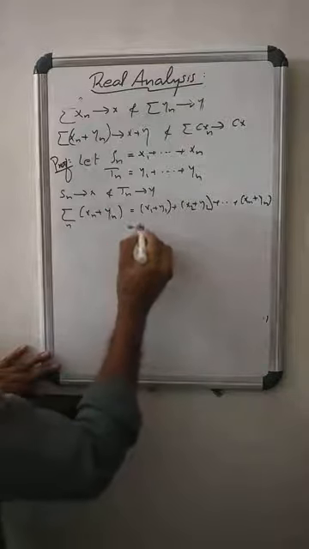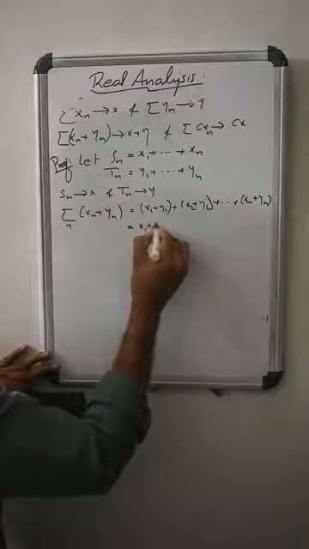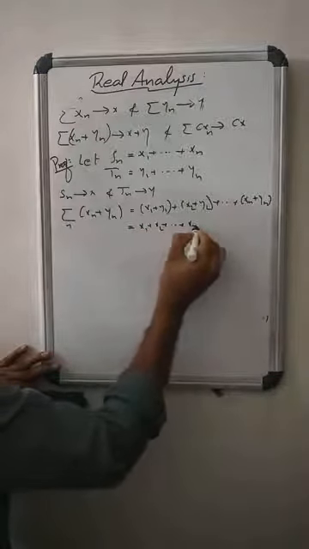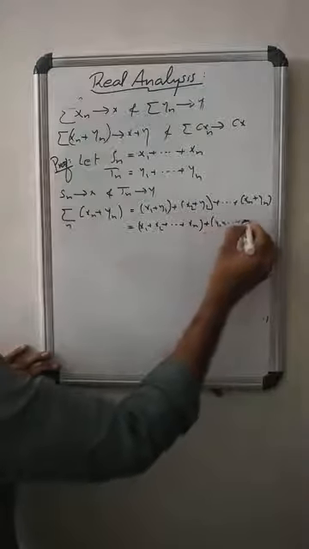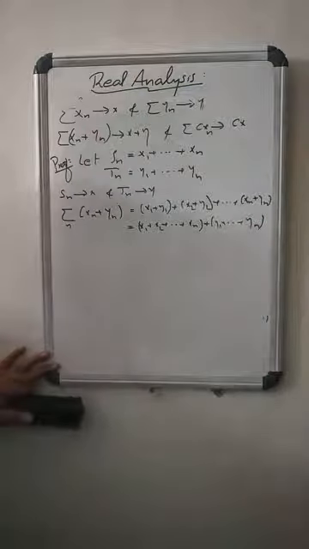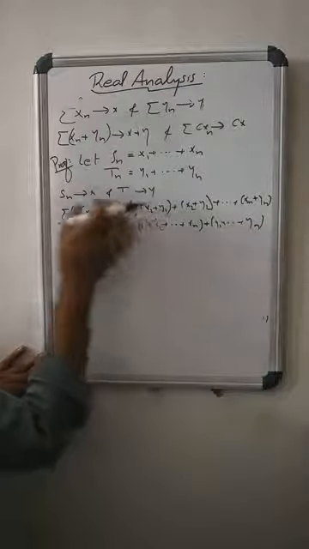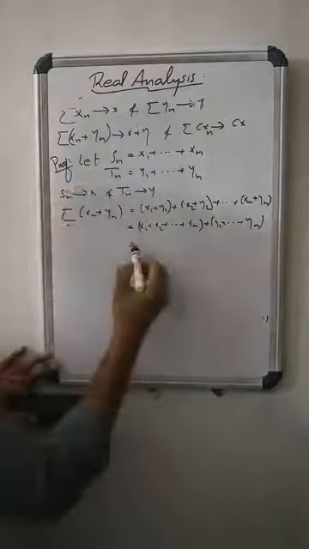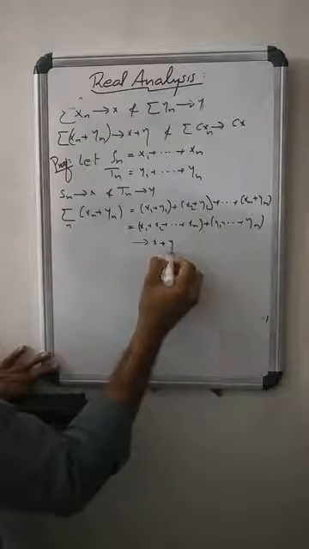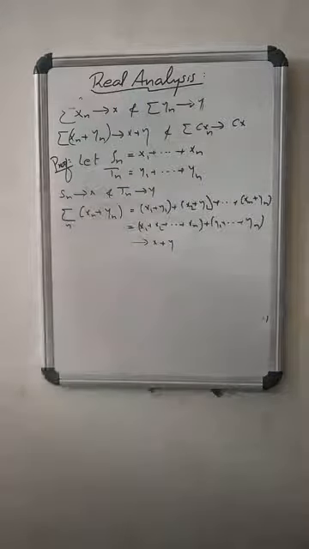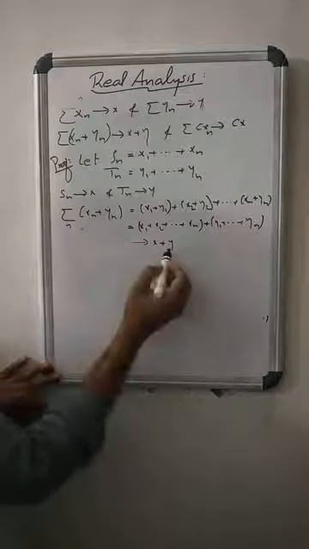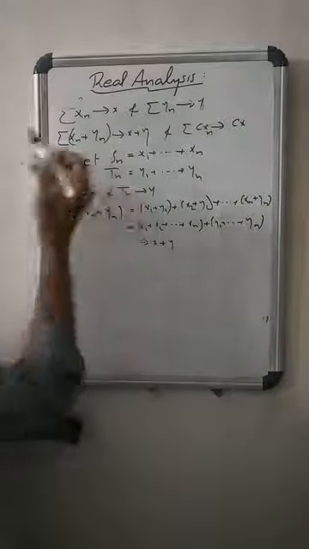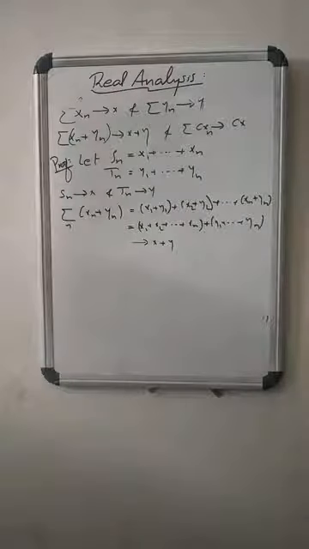That equals x1 + x2 + ... + xn + y1 + ... + yn. But what is x1 + x2 + ... + xn? That is Sn, which converges to x, plus y1 + y2 + ... + yn, which converges to y. So Σ(xn + yn) converges to x + y.